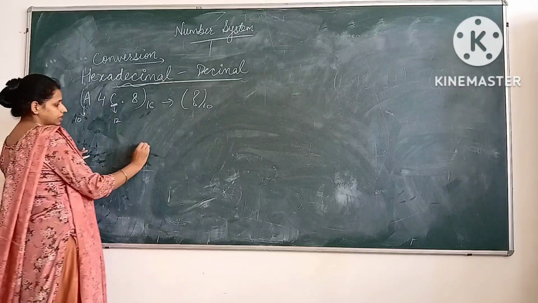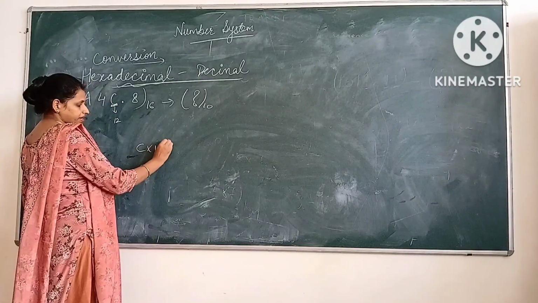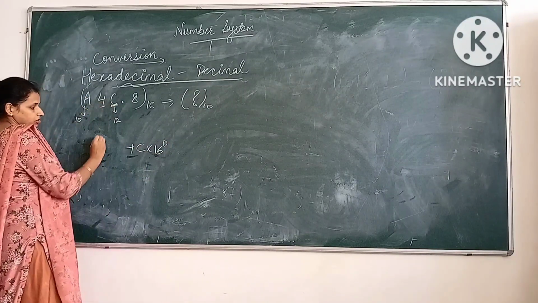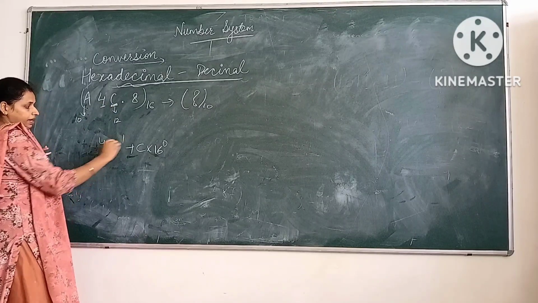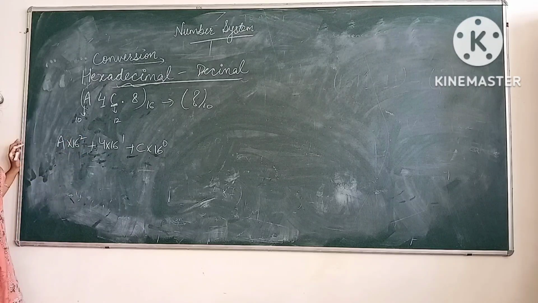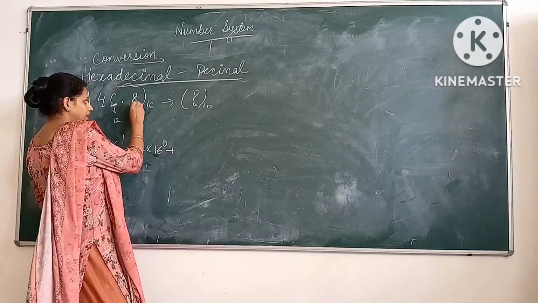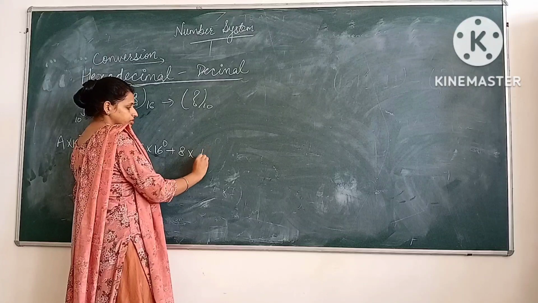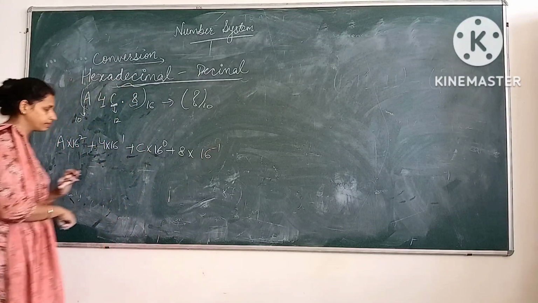Now same procedure: C into 16 raised to power 0, plus 4 into 16 raised to power 1, plus A into 16 raised to power 2. Then plus after the point 8 into 16 raised to power minus 1.